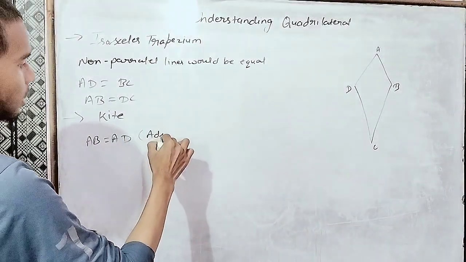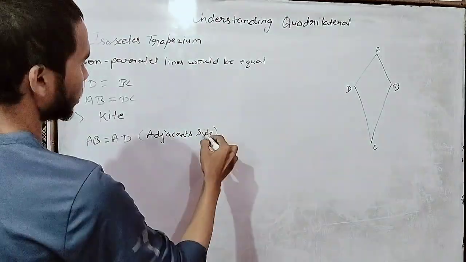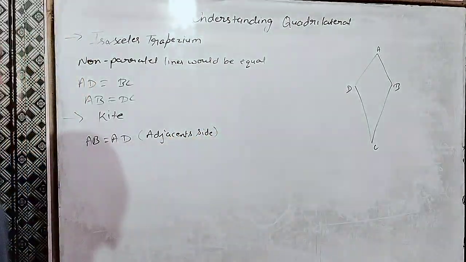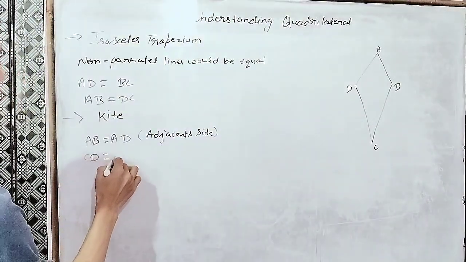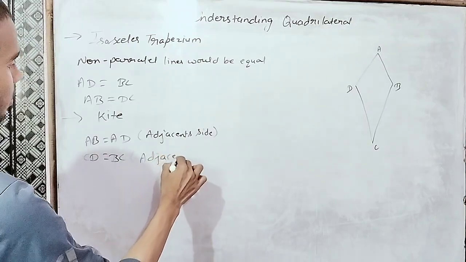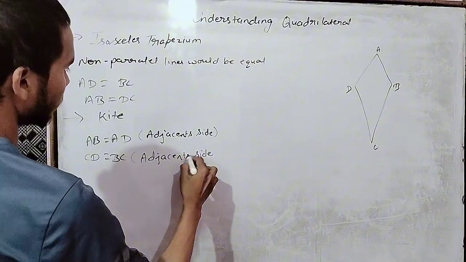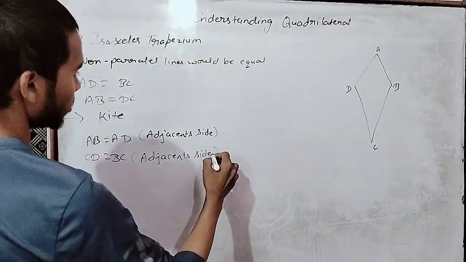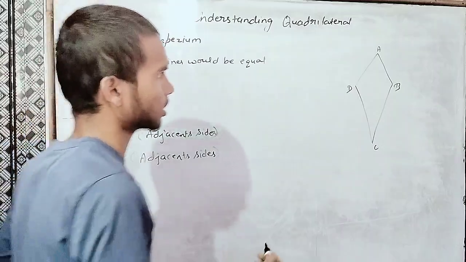Okay, these are adjacent sides. Just next side. So the measurement of CD is equal to BC. This is also adjacent sides. Clear? That's it.